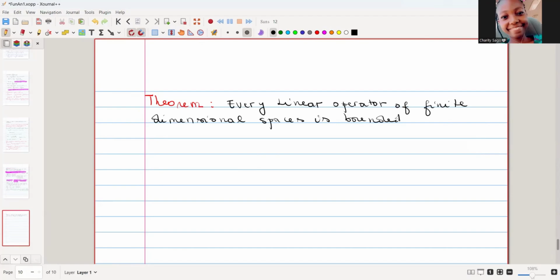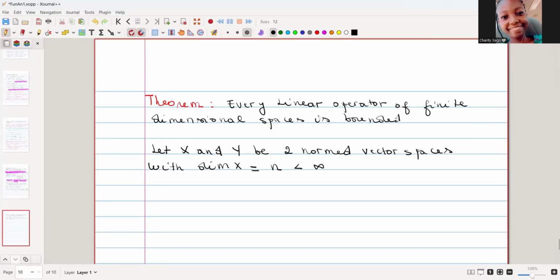So let X and Y be two normed vector spaces, with dimension of X equal to n, the finite dimension.